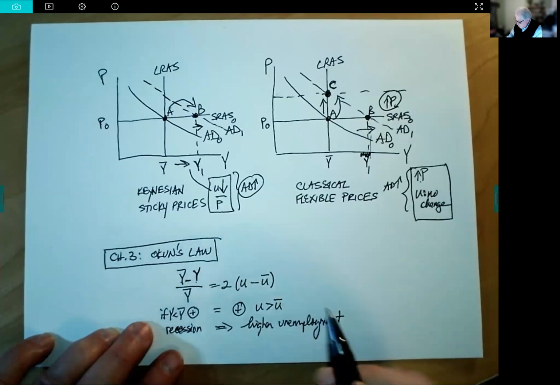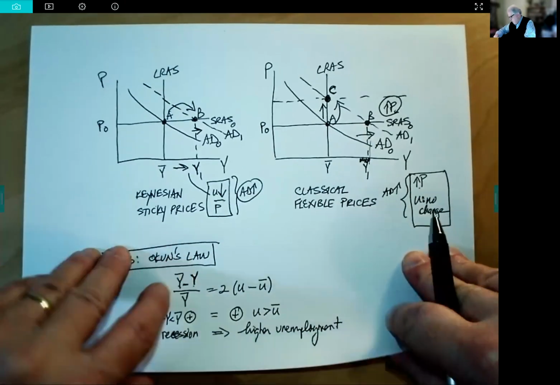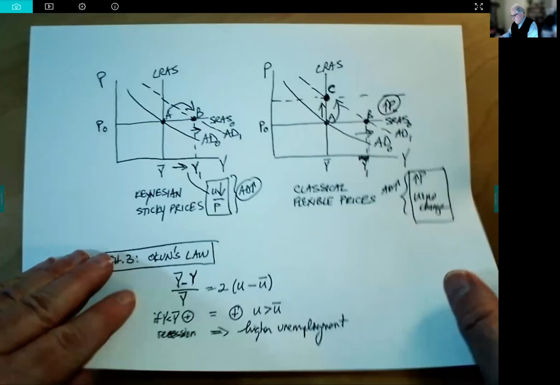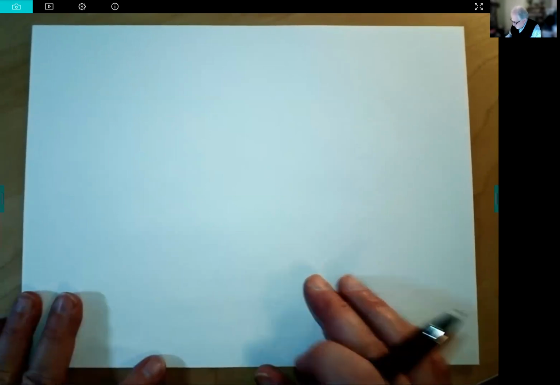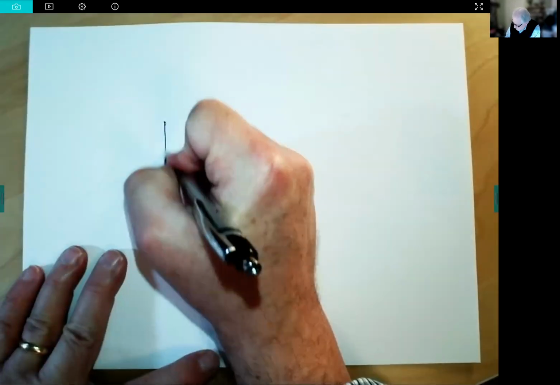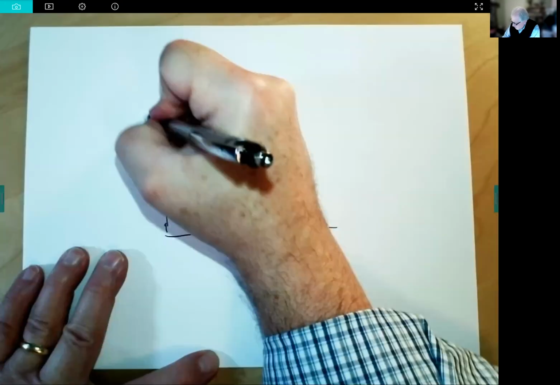So in the real world, there's some intermediate case. Let's take a look at that for just a moment, because that's really the basis for understanding the Phillips curve. So let's make this nice and big. Here's the price level.